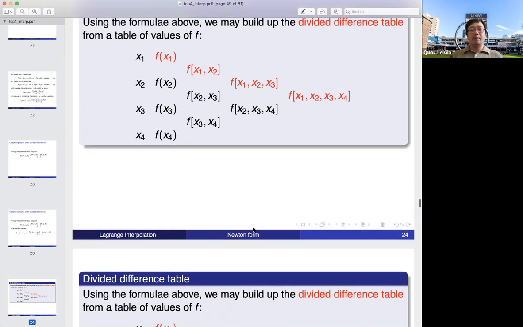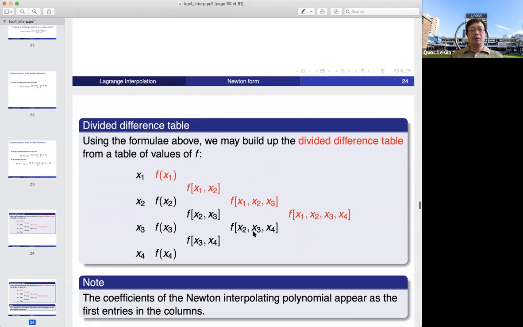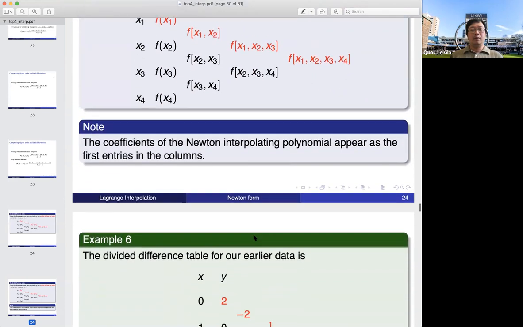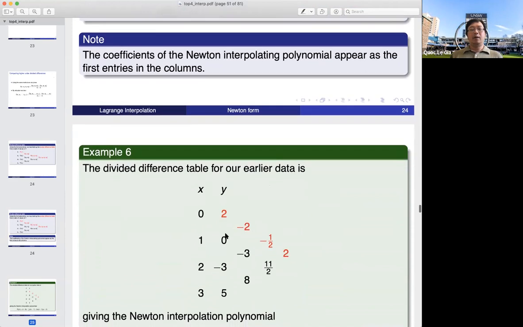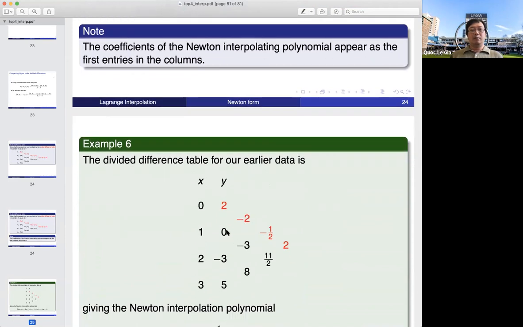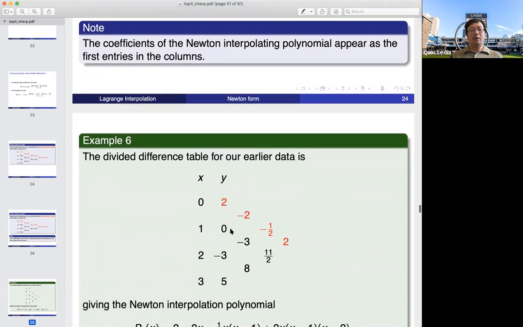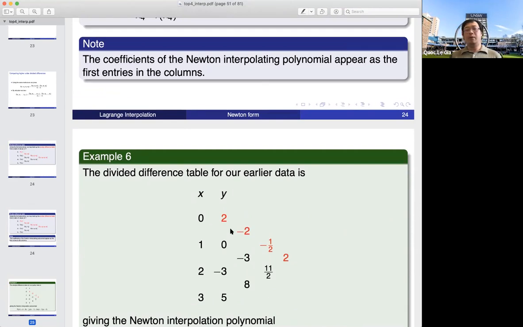So maybe it's a bit more instructive if we do the table. So maybe forget this number a little bit, and now we do it on a piece of paper, and I show you how it is done.